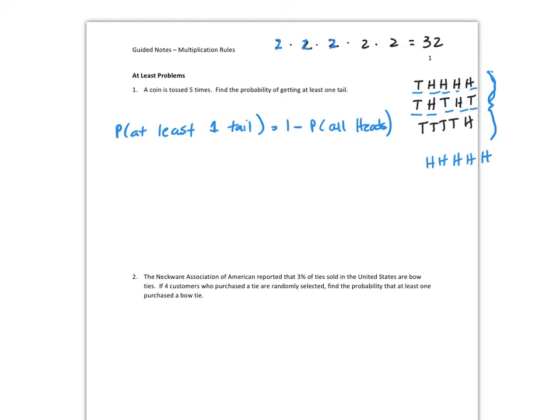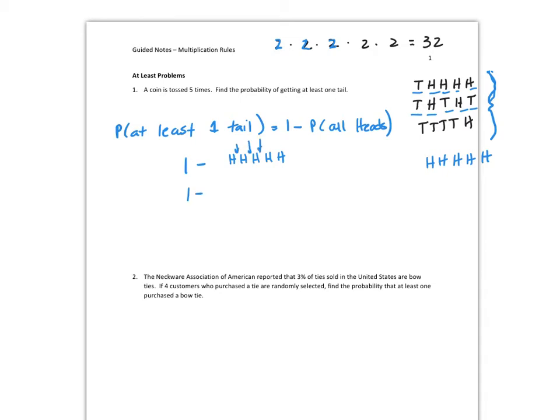So probability at least one tail is 1 minus the probability of all heads. So what that means is 1 minus probability of all heads. What's the probability that you get a head, and a head, and a head, and a head, and a head?